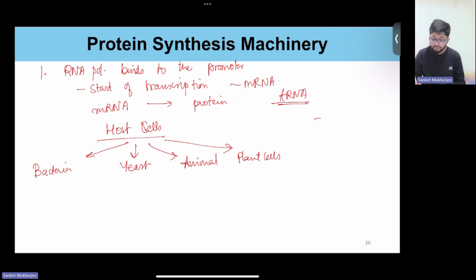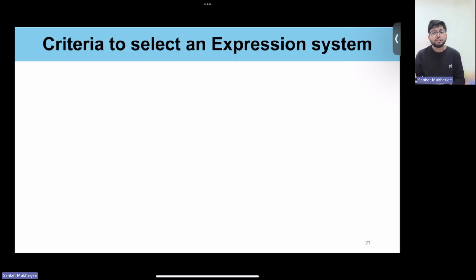Usually the DNA that we are transforming is a plasmid. Mostly it's a plasmid, but there could be artificial chromosomes and so on as well, which can be transformed. But for proteins, usually a plasmid is sufficient to get your gene of interest inserted.